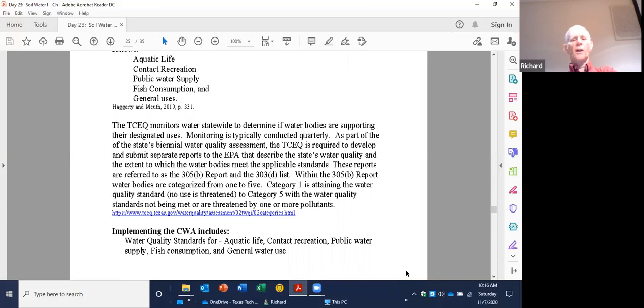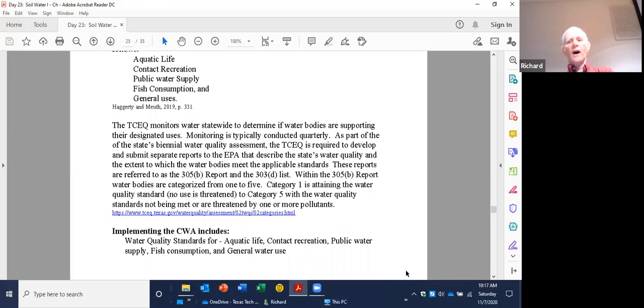TCEQ is required to develop and submit reports to the EPA that describe the state's water quality and the extent of water bodies that meet the acceptable water qualities. These reports are referred to as 305B reports and 303D lists. I think you as master naturalists are interested in the gross concept of what's going on and don't really need to be concerned about what is in each individual report.